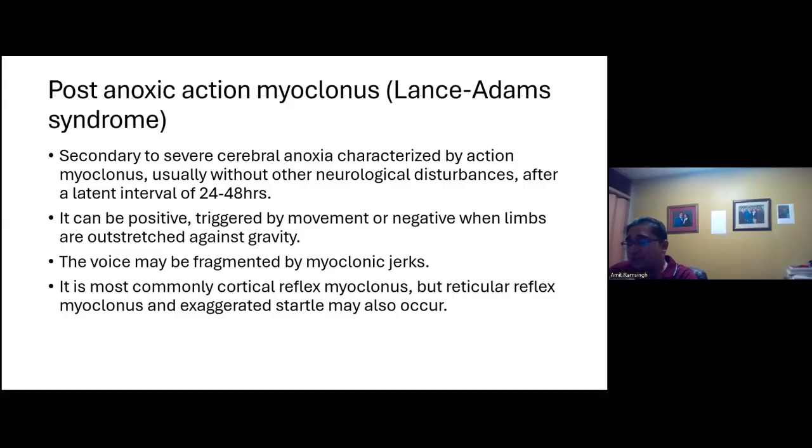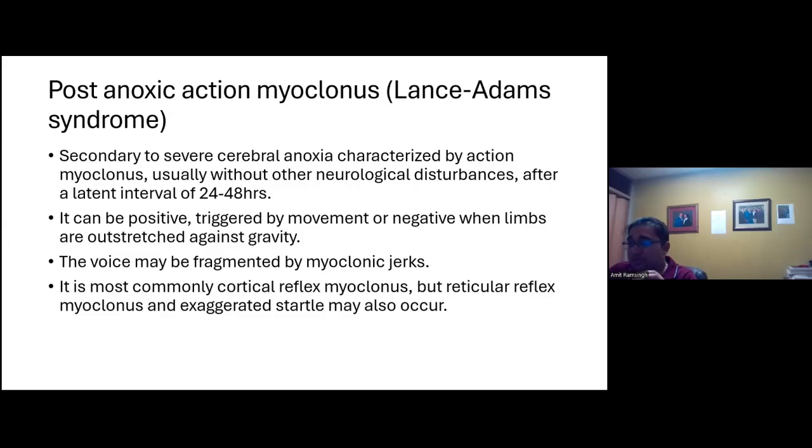We look at a very important type of myoclonus, especially in our neuro patients in the ICU who have severe traumatic brain injury, which is the post-anoxic action myoclonus or Lance-Adams syndrome. Usually due to severe hypoxic brain injury or cerebral anoxia, and it usually occurs after a latent interval of 24 to 48 hours.